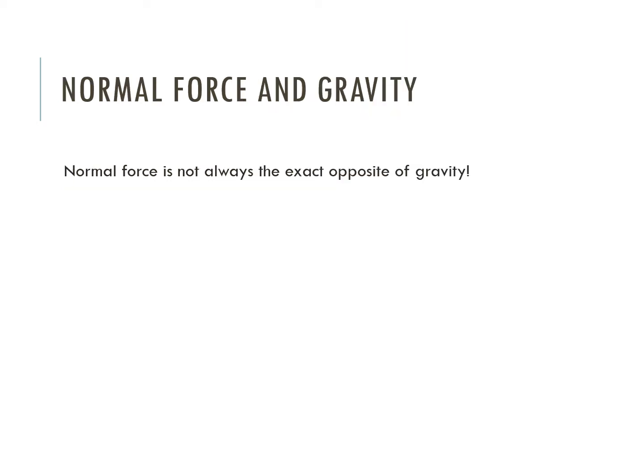So let's really quickly talk about the normal force and gravity. This isn't explicitly in this section. It assumes we've covered the incline stuff before, which we haven't yet. So I just want to really talk about how the normal force is not always the exact opposite of gravity. Because if we look at our equation for the maximum static force, we needed the force from the surface.